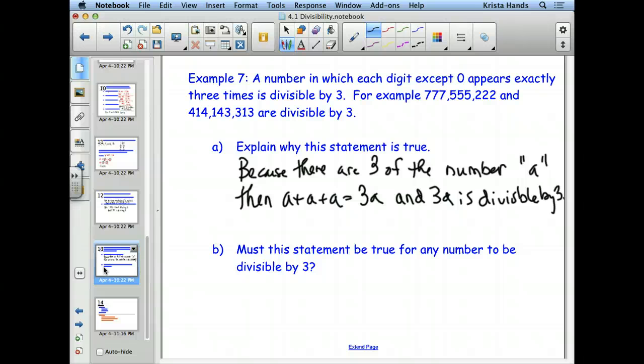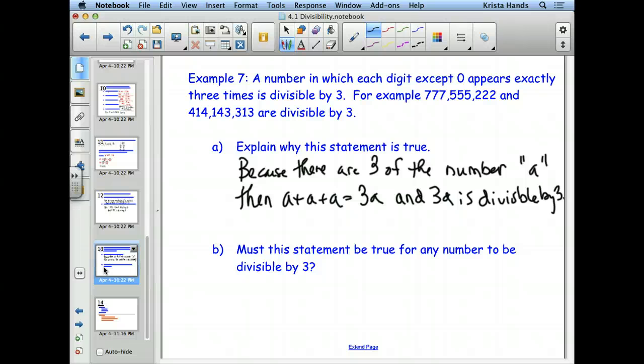Must this statement be true in order for a number to be divisible by 3? That is, must you have a number where it triples the number within it in order to have a number divisible by 3?